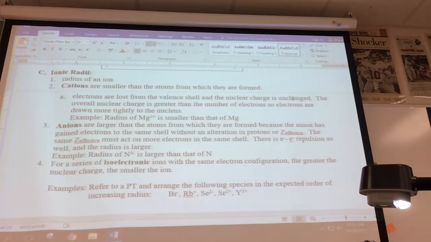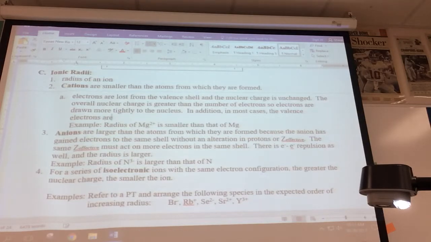In addition, in most cases, the valence electrons are closer to the nucleus with less electron shielding. And that, I think, might be a better explanation. The anion one is pretty obvious, and again, that explanation is written out for you.